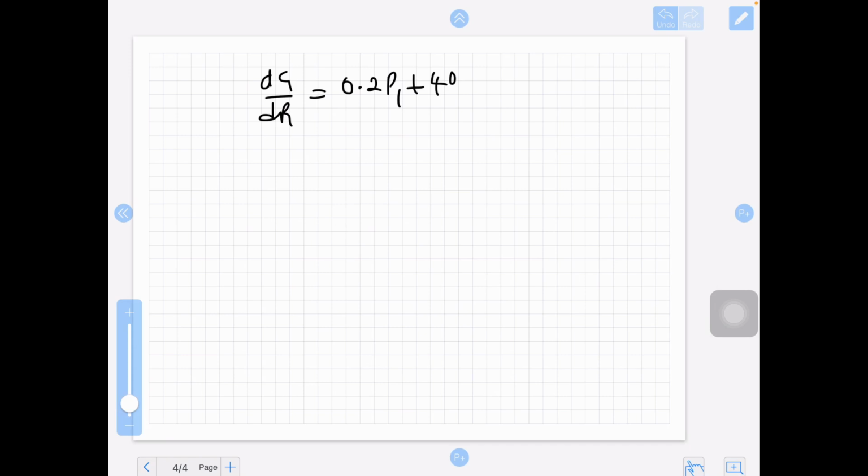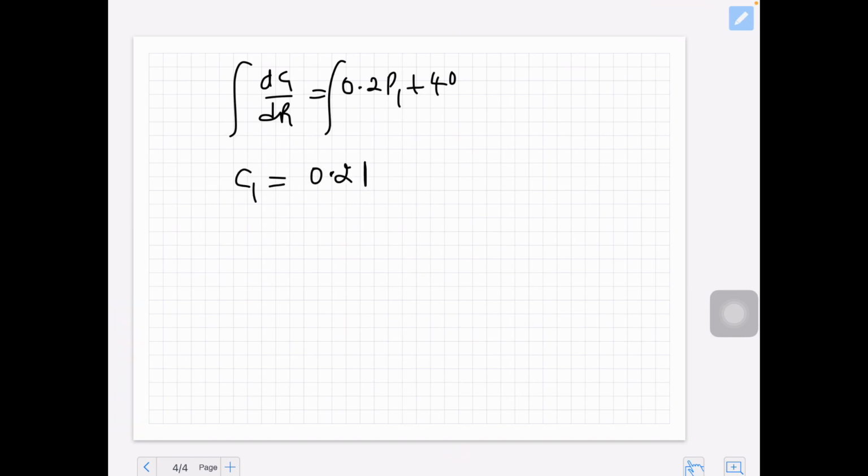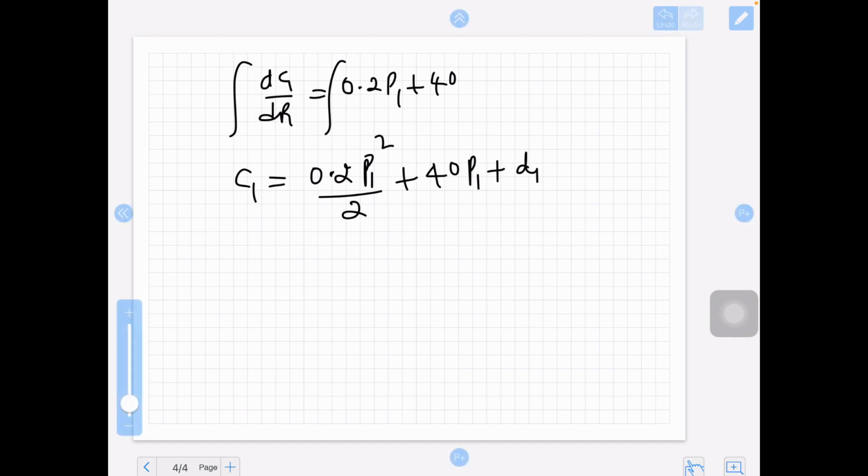We want C1, so how to get C1? We have to take the integration on both sides. So C1 is equal to 0.2 P1 square by 2 plus 40 P1 plus some constant.